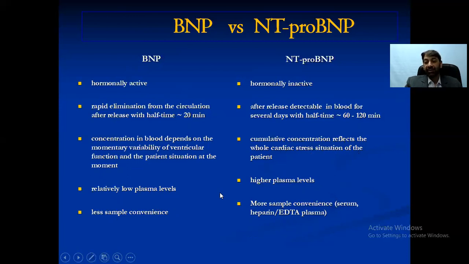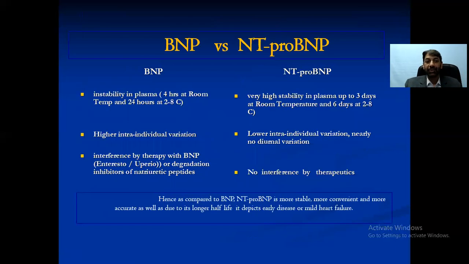That means even if you take the blood of the patient and keep it stored to send to the laboratory for investigation, it's more stable. You see here that BNP has instability in plasma, 4 hours at room temperature, and 24 hours, very high stability, for NT-ProBNP. So again, a good indicator to really work on.